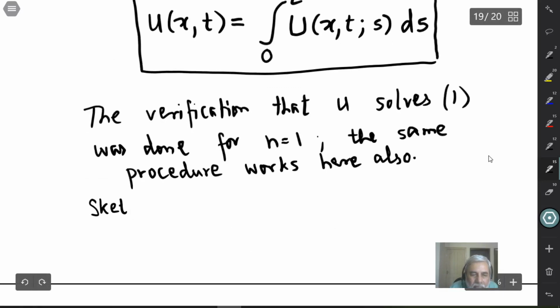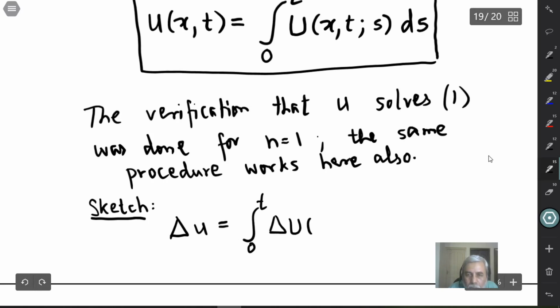As I said, there is no problem with the x variable, so you just take the Laplacian of u, which is the integral from 0 to t of the Laplacian of U(x, t; s) ds.